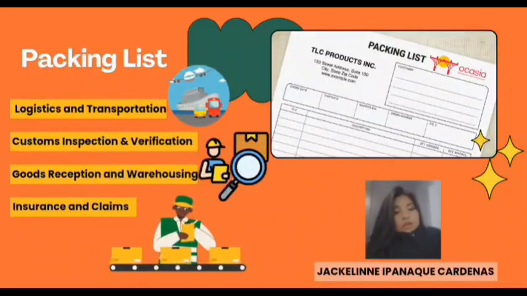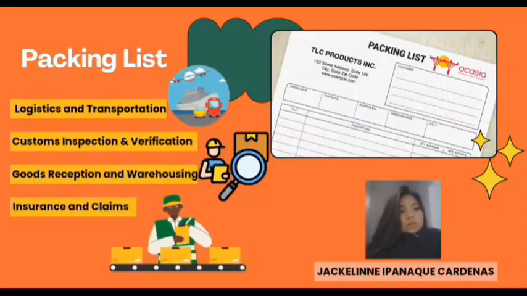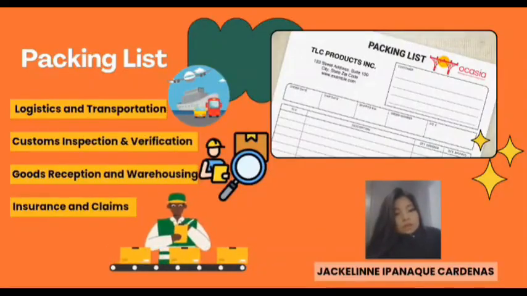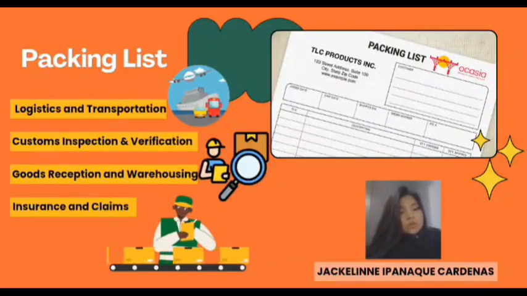Packing list. The packing list is a logistic and inventory document that details the exact contents of each individual package within a shipment, without focusing on the transactional value. Key function, logistics and transportation. It facilitates the identification, handling, loading, and unloading of goods.